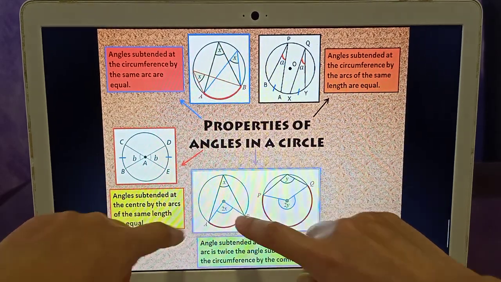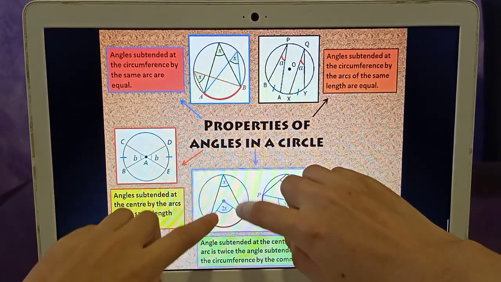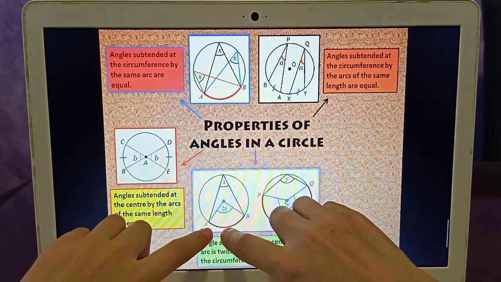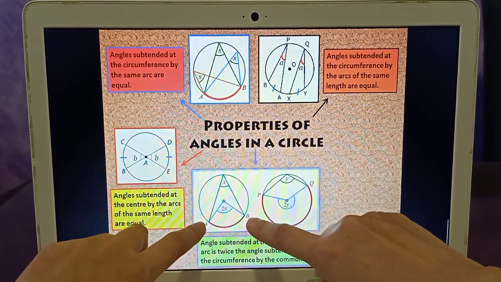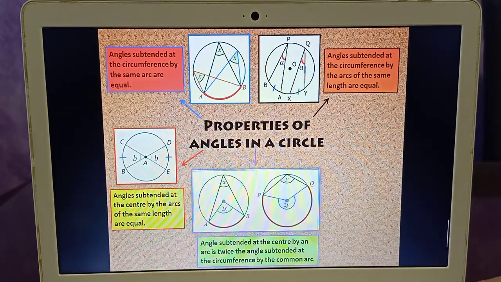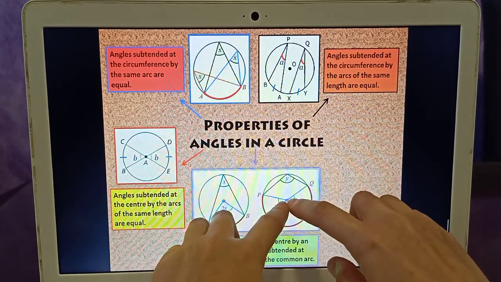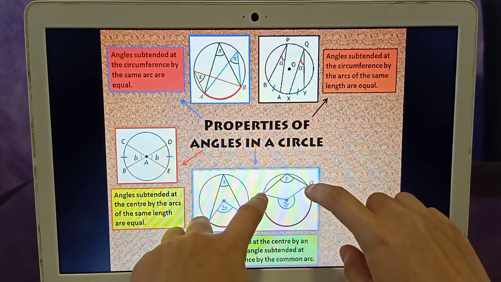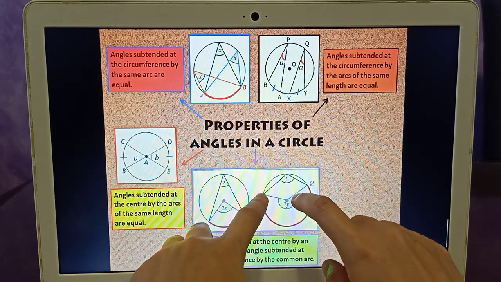Are you clear? Okay. So let's say these two angles are subtended by the minor arc AB. How about if they are subtended by the major arc PQ? For example, this one. As you can see here, these two radii, we are not going to see it like this, but this time we are going to see it like this.